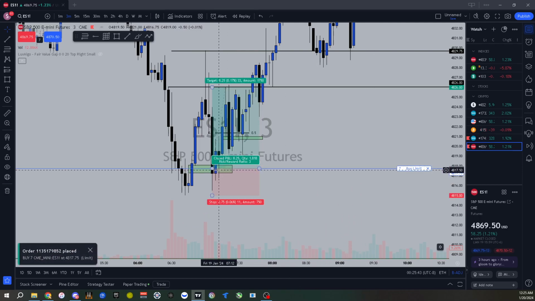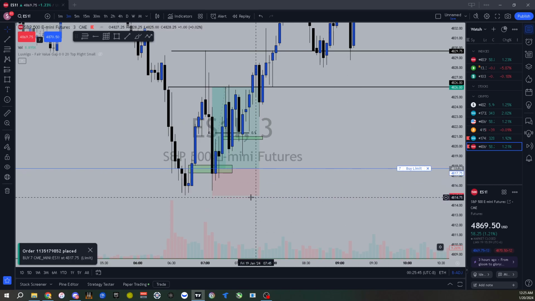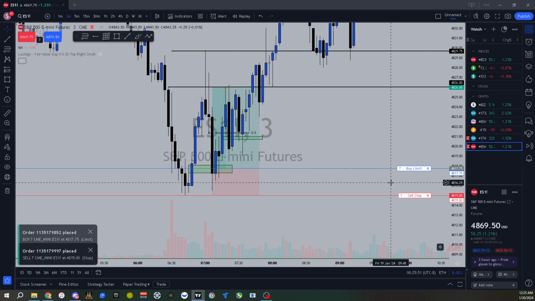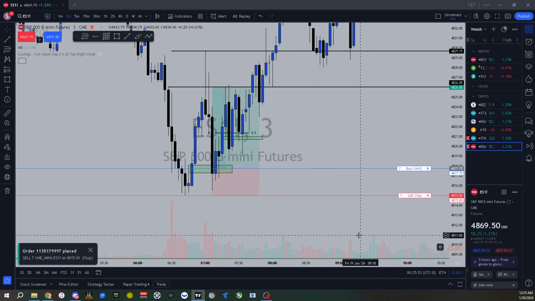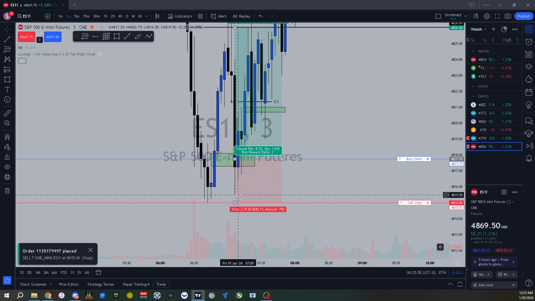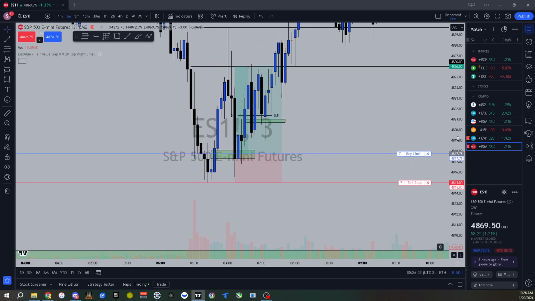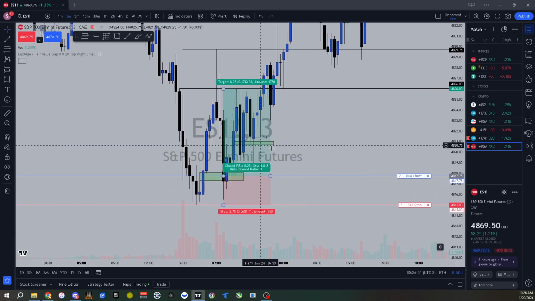When price comes down to this position, your order will be filled. Then you place your stop loss here, right? And that's it. As you can see, we were pretty close to getting stopped out, actually. A couple ticks away. But we didn't. Both of our tick profits got hit.